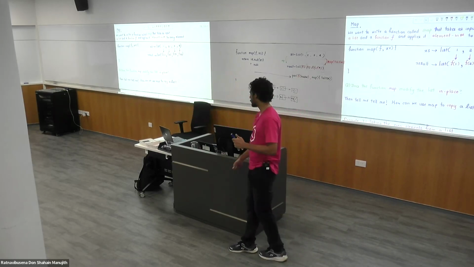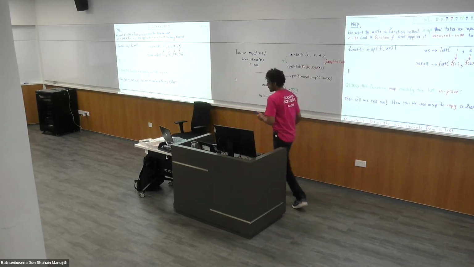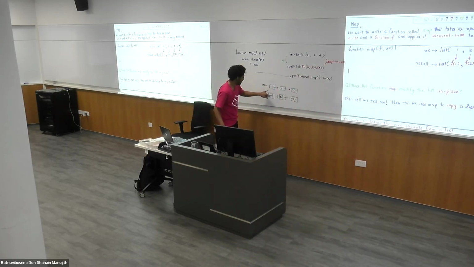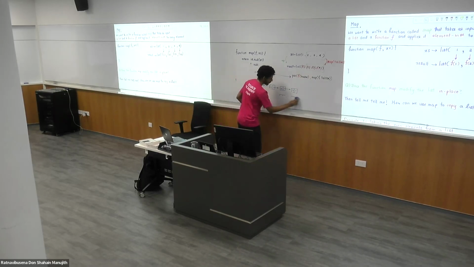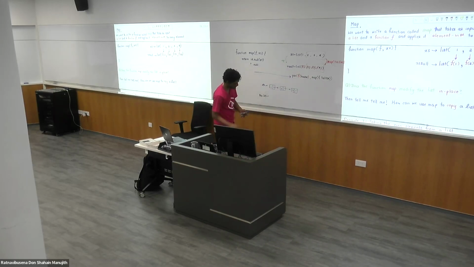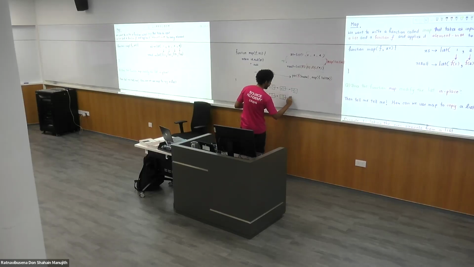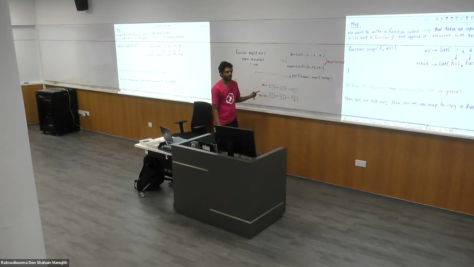That means I had XS 1, 2, 3, but now I want a new list, 1, 2, 3. This is a copy of the old list. So I need to copy this list to a new list. How can I do that using map?